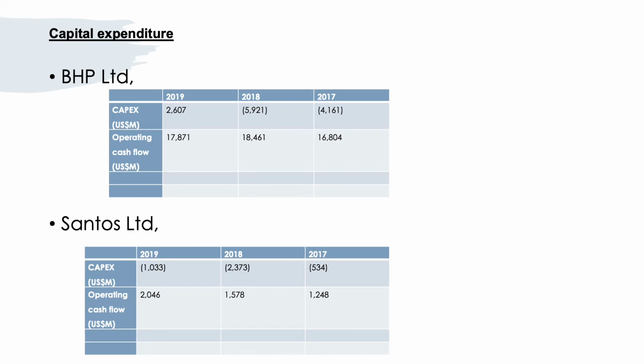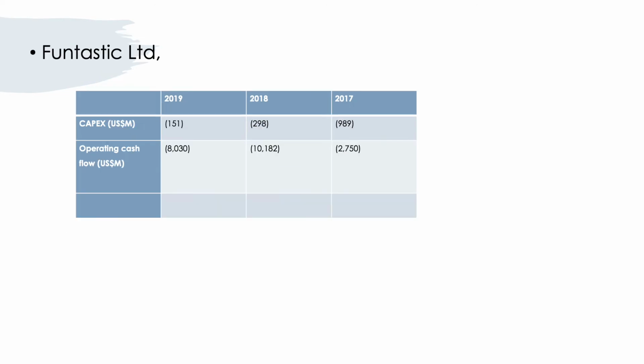Santos was able to cover its capital expenditure in 2017, but in 2018 it was not able to cover it through operating cash flow, though in 2019 again it was able to by generating positive operating cash flow. Then Fantastic Limited was not able to cover its capital expenditure for 3 years because its operating cash flow is negative for 3 years.